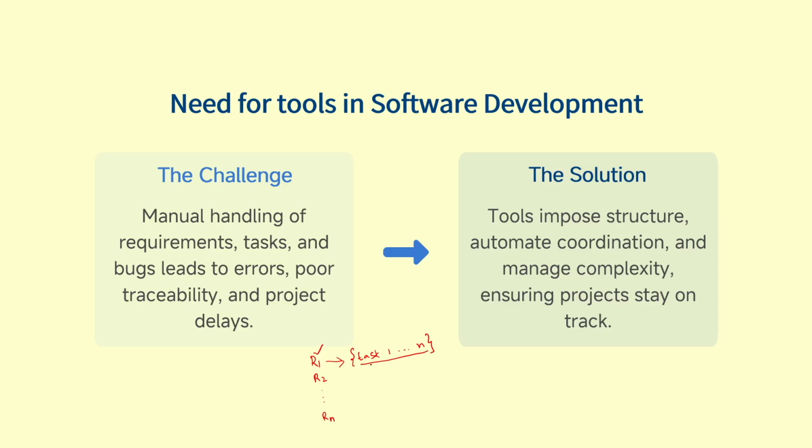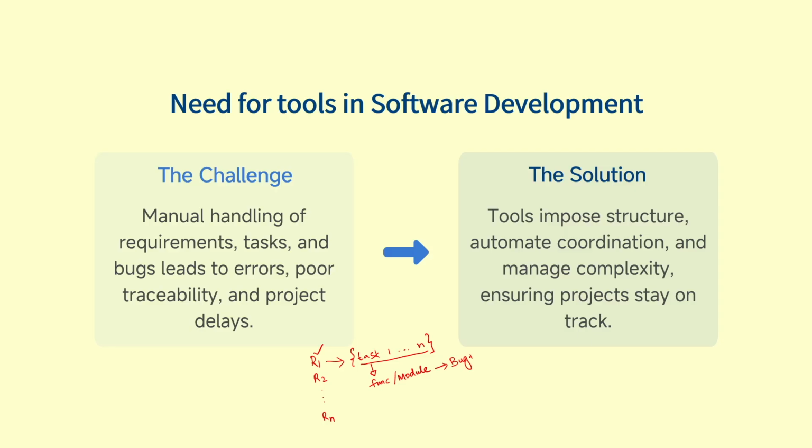These tasks could either be assigned as one module, or 2 or 3 tasks can be associated as one module. For each task, assume for simplicity it is one function or one module, and you will be implementing that in a programming language, and that could be associated with, say, bug 1.